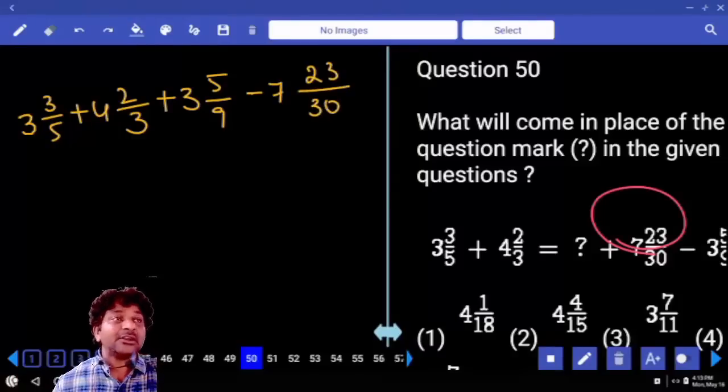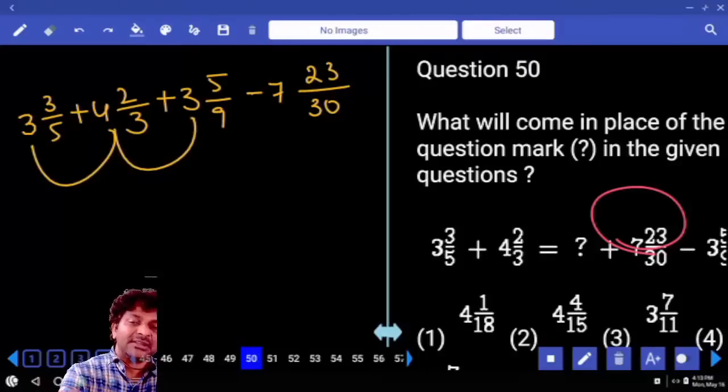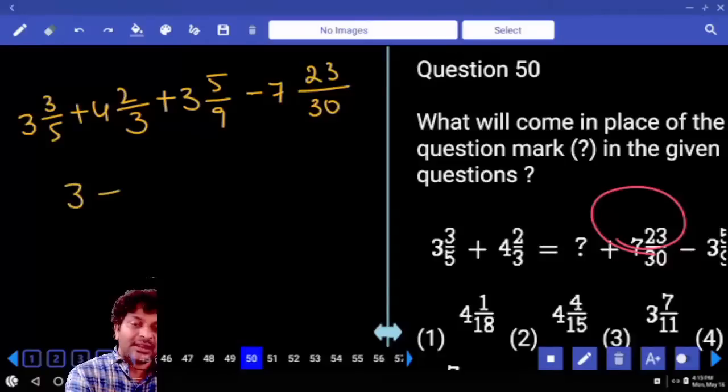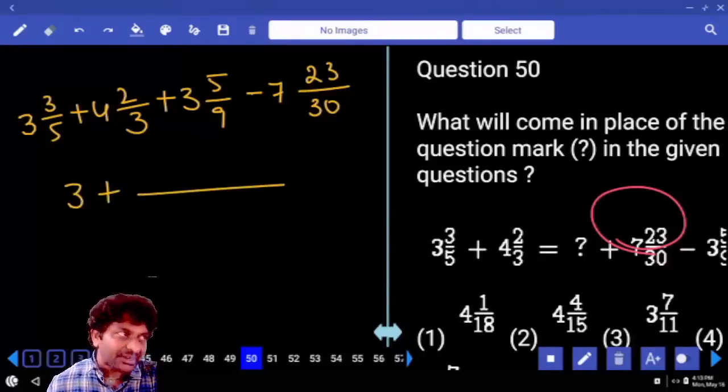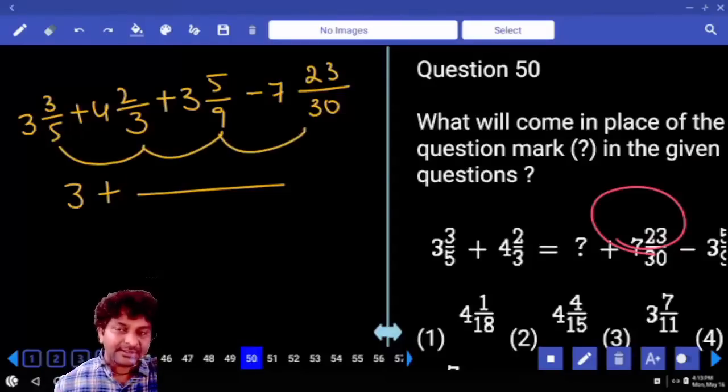We'll first consider only the integers. 3 plus 4 is 7, plus 3 is 10, minus 7, that's 3. And now we'll consider the fractions. In the fractions, observe the denominators 3, 5, 9, 30. What is the largest number?